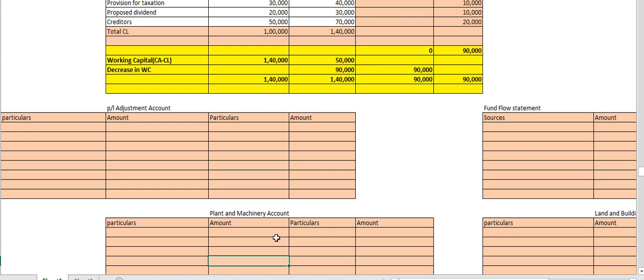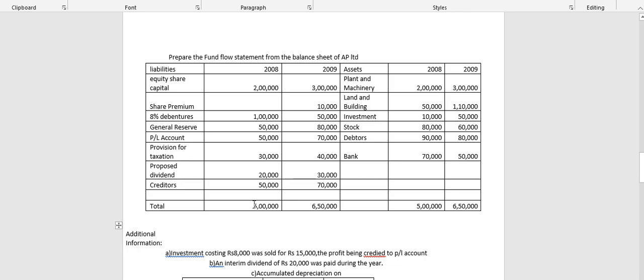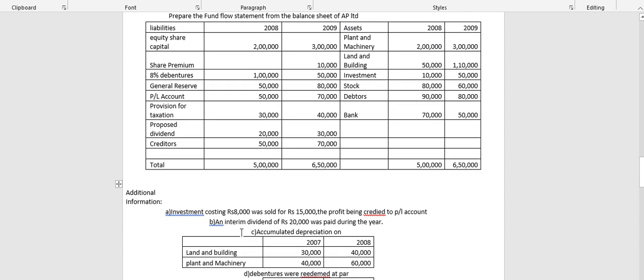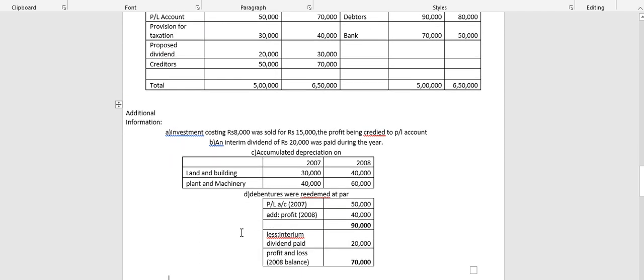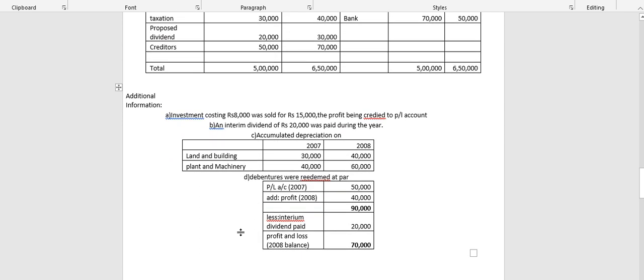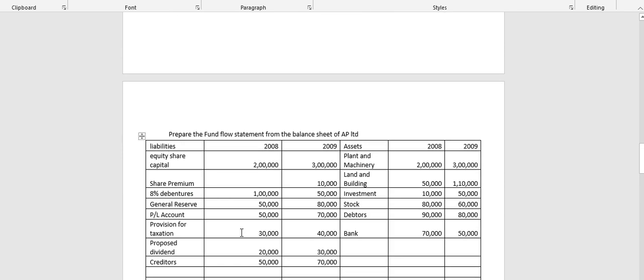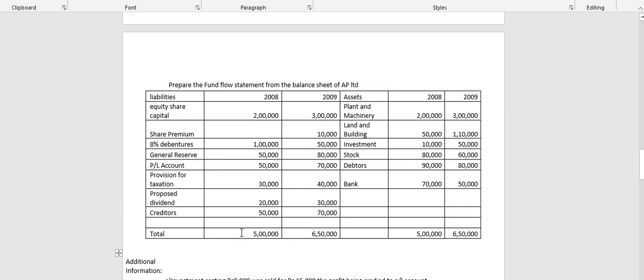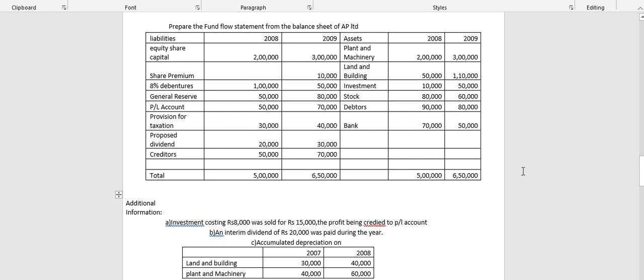which is the plant and machinery account. So if you see the plant and machinery account, we have the accumulated depreciation given. Plant and machinery account was 2 lakhs, and in the current year it is 3 lakhs.